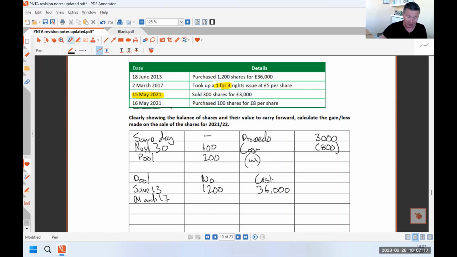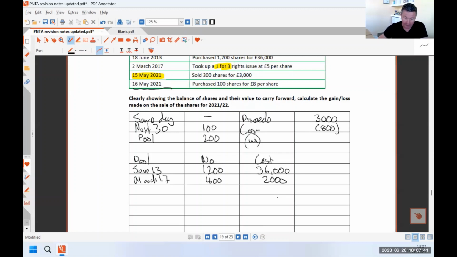So what we'd effectively do is divide 1,200 by 3, gives us a figure of 400 shares. So 400 shares at £5. I know it's £2,000, but I don't want to make myself look stupid. It is £2,000. Means we've now got 400 shares at £2,000.